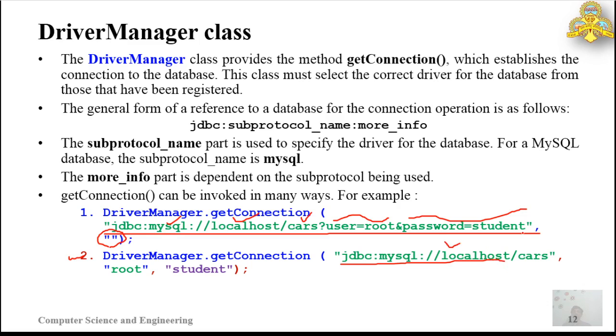If it is on a remote host, then we have to give the IP address or the correct DNS name, then slash, the name of the database that I am going to use, then the name of the user, that is root in this case, and the password is student. By using the getConnection method, we create a connection object. This function returns a connection object that has to be stored in an instance of the Connection interface.